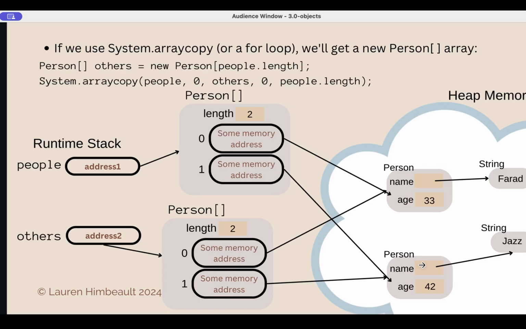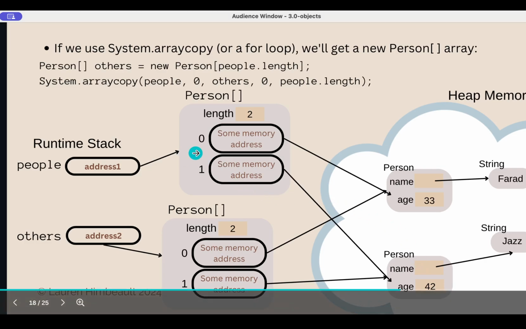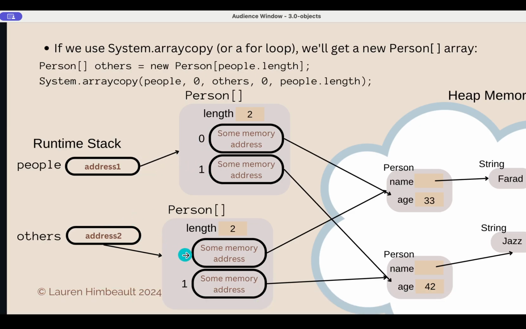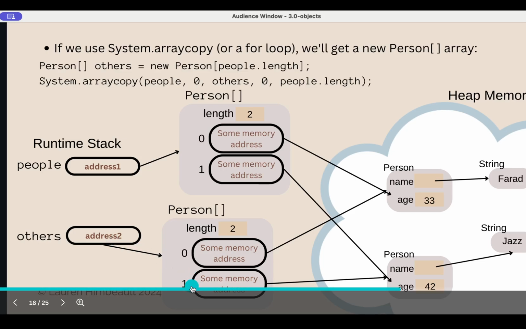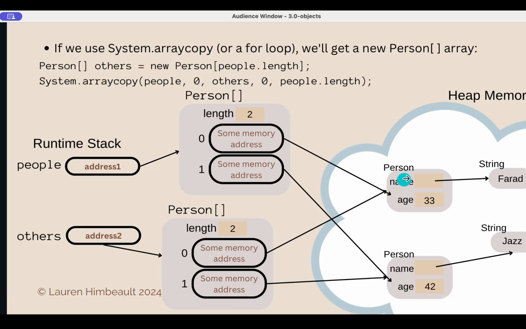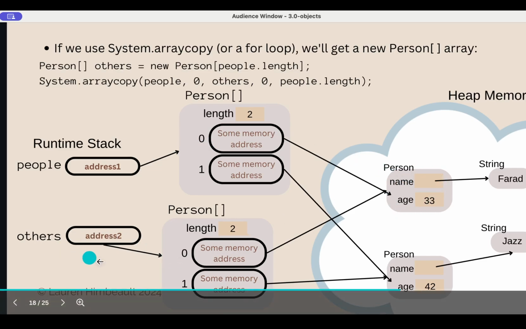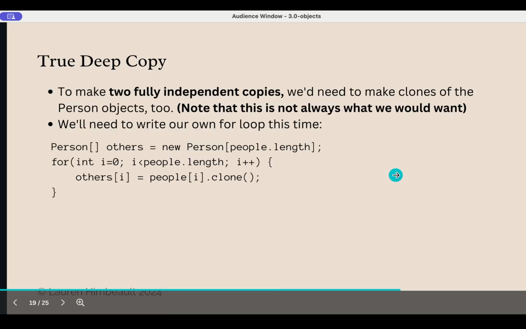So even though we now have a people at 0 that is unique, and a people at 1 that is unique, and an others at 0 that's unique, and an others at 1 that's unique, these memory addresses still reference the same information inside here. So people at 0 references Farad, and others at 0 references the same Farad.